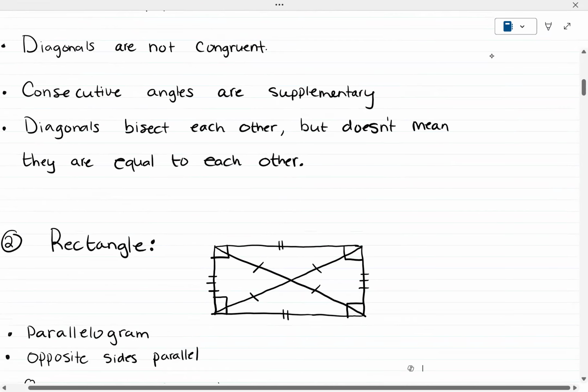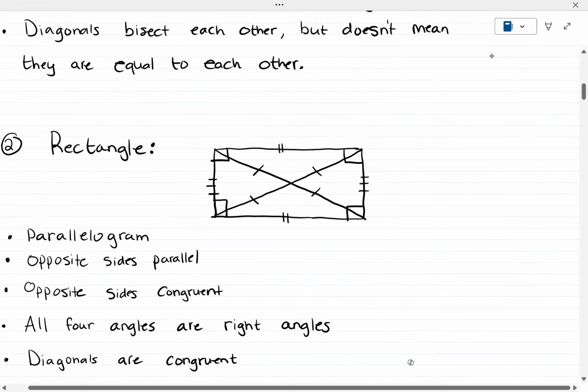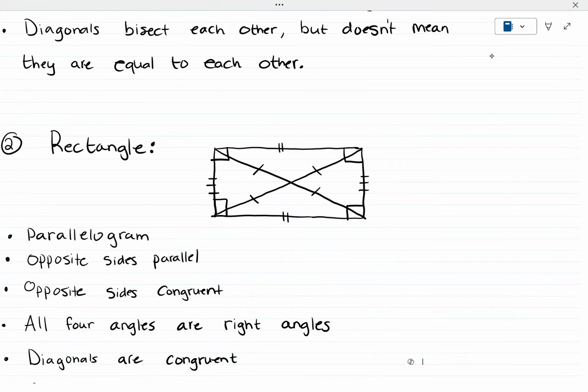Now let's talk about another special parallelogram. A rectangle is technically a parallelogram. In a rectangle, all four sides are not congruent. Only opposite sides are congruent. So this side is congruent with this side, and this side is congruent with this side.